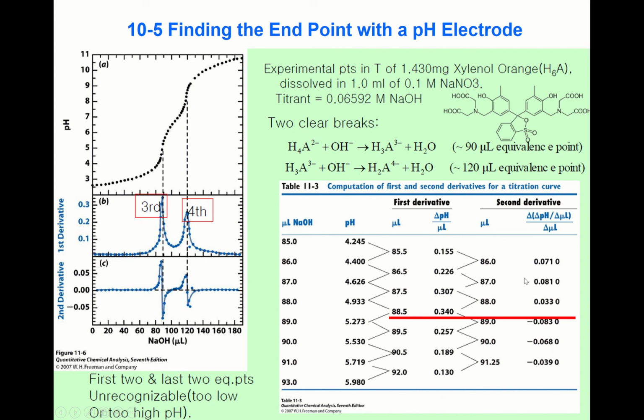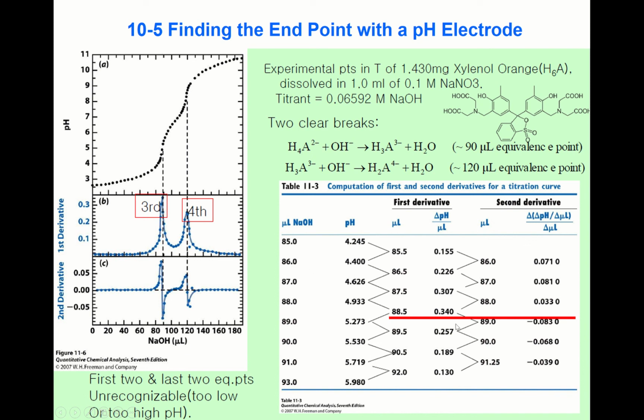And again, you take this pH difference here, and the pH difference here is 0.0710. And what's the volume in this case? You take this one, 86 microliters.